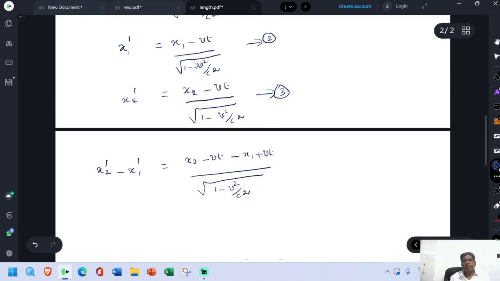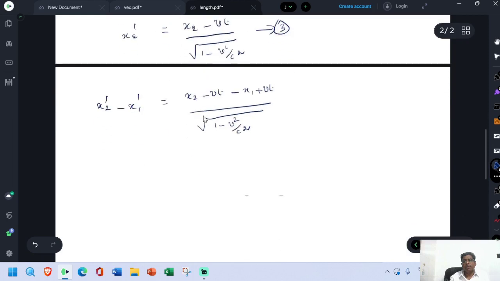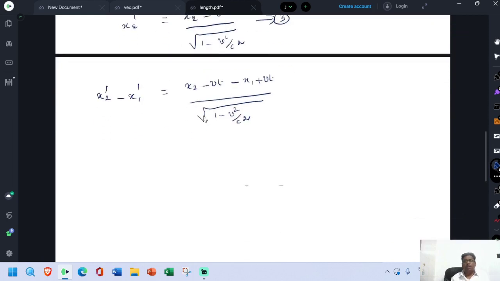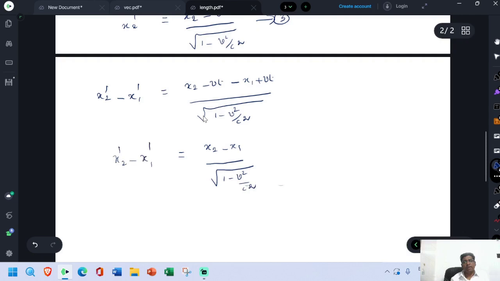This is equal to x2 minus x1 divided by root of 1 minus V square by C square. The left hand side is x2 dash minus x1 dash. Keep this as equation number 4.